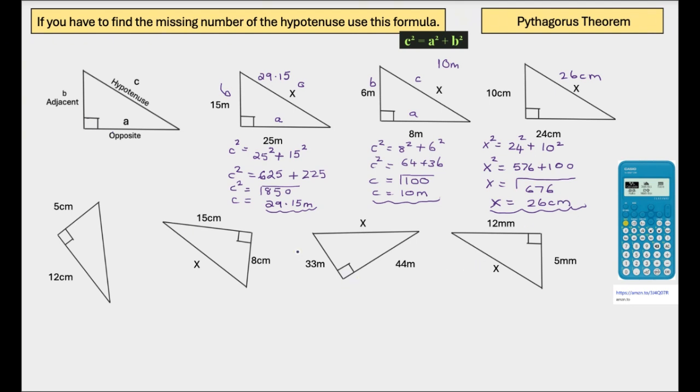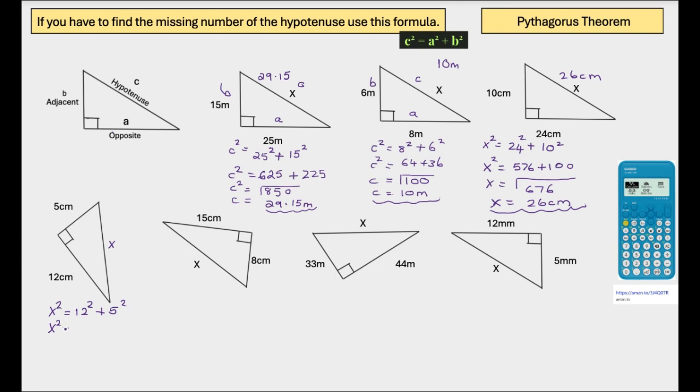Then finally, yes, the right angle triangles, they've just moved around a bit. They're at just different angles, so don't panic. It's exactly the same. This is our hypotenuse. It's still our longest side. We just flipped it a little bit. So this would be our X. So it's going to be X squared equals 12 squared plus 5 squared.